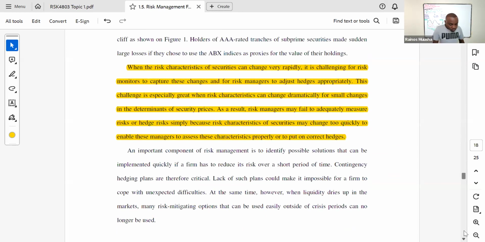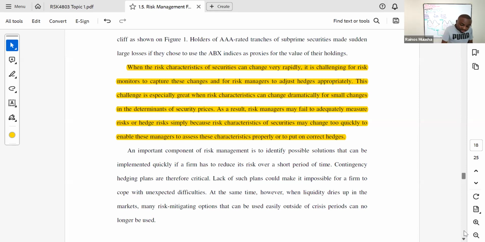So here they say, when the risk characteristics of securities can change very rapidly, it is challenging for risk monitors to capture these changes and for risk managers to adjust hedges appropriately. This challenge is especially great when risk characteristics can change dramatically for small changes in the determinants of security prices.